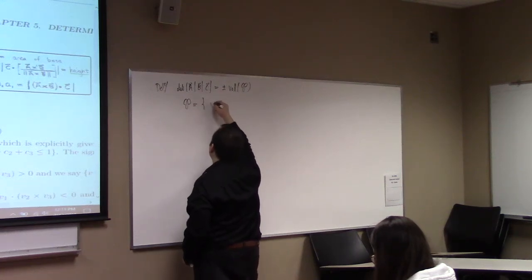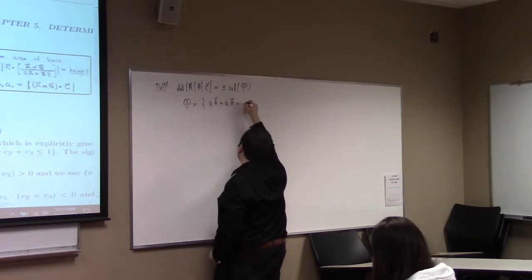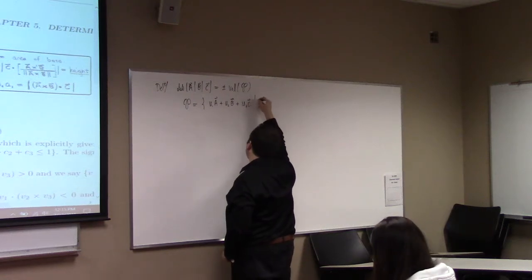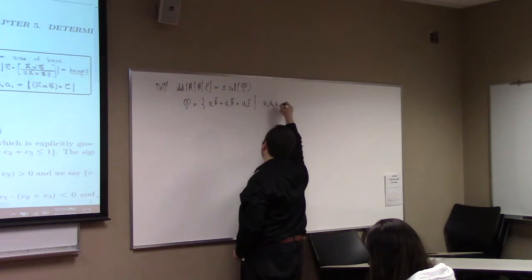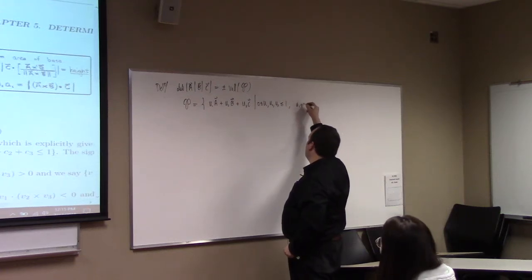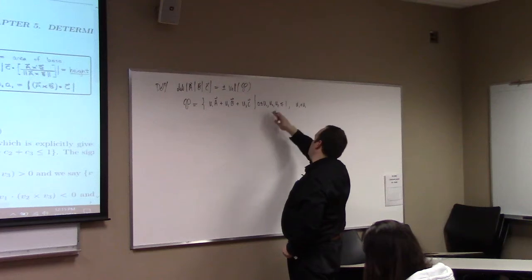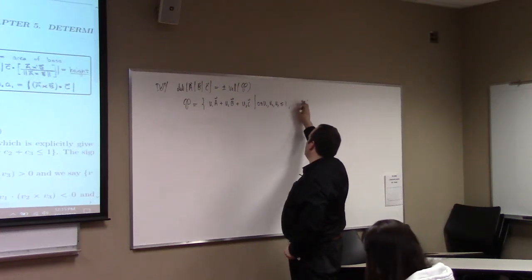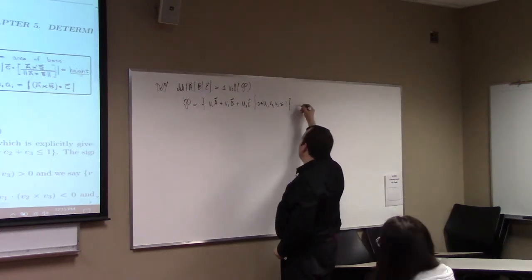It's the set of u1 A plus u2 B plus u3 C such that u1, u2, and u3 are positive constants, all right? And they sum to at most 1, basically. This is also called the convex hull.